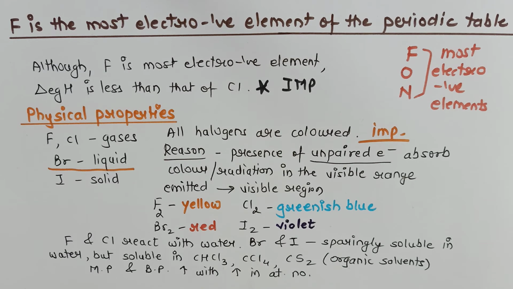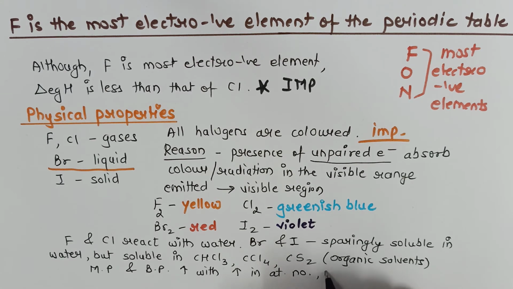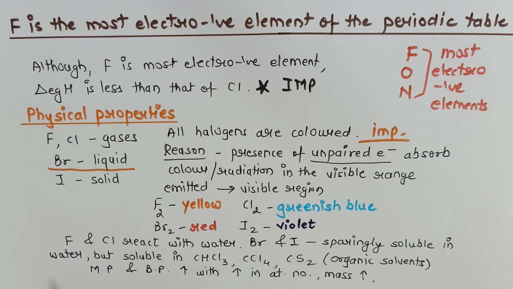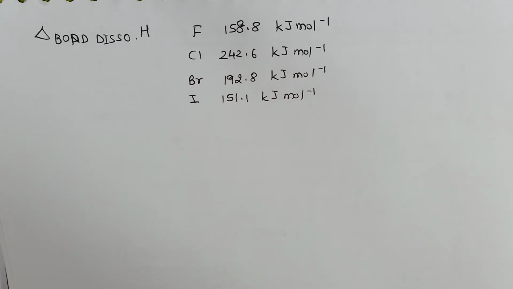Melting point and boiling point of halogens increase with increase in atomic number. As the atomic number increases, the atomic mass also increases, the London dispersion forces increase, and therefore melting point and boiling point also increase. There is one anomaly in the bond dissociation enthalpies of fluorine, chlorine, bromine and iodine.